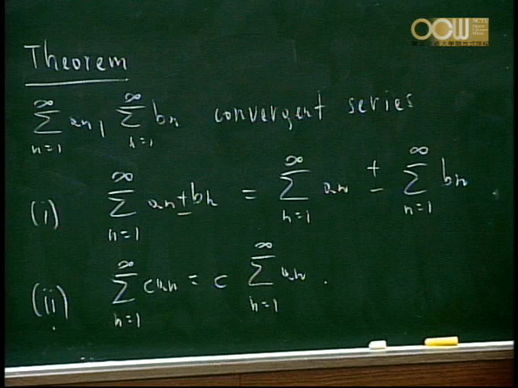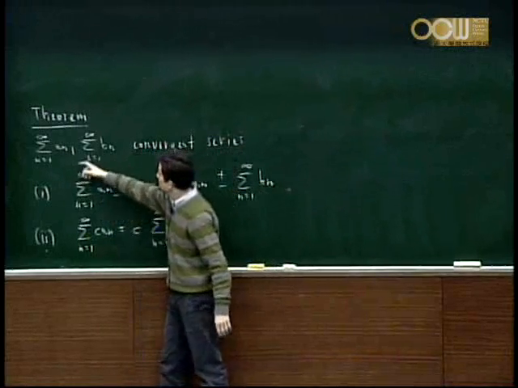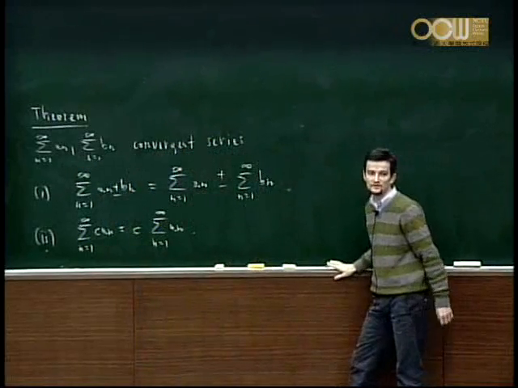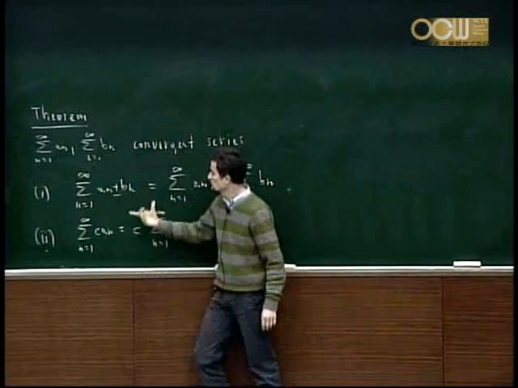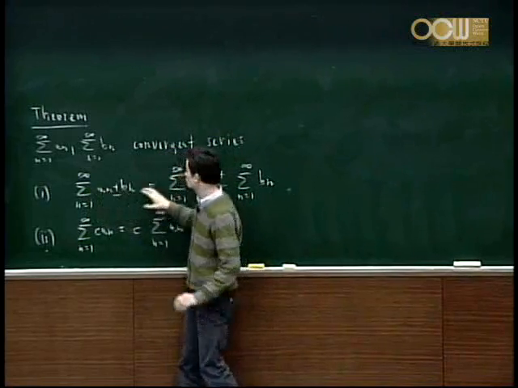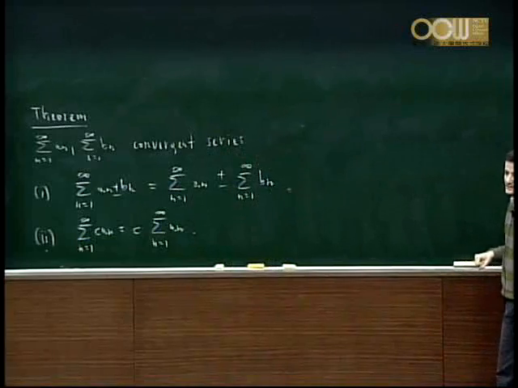It's important to notice that we assume that both series are convergent. So this assumption here is important. If this assumption is not satisfied, and you consider the series of the sum, you are not allowed to break it into 2 parts. It's not necessarily satisfied.